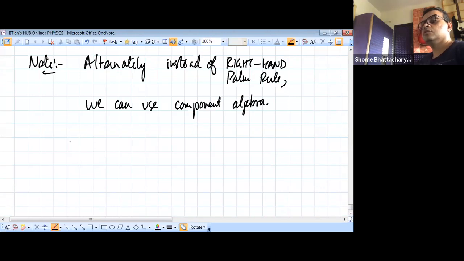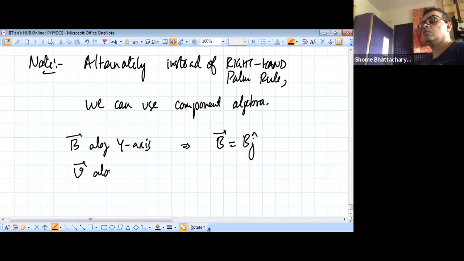You can see the magnetic field was along the j cap axis, and the velocity was along the negative x-axis in the diagram, if you recall.